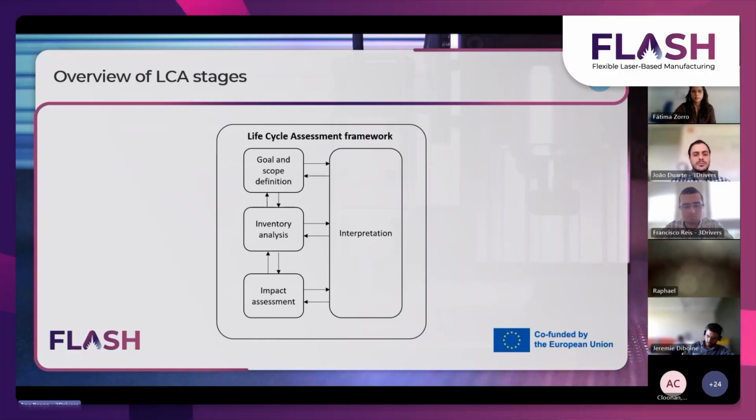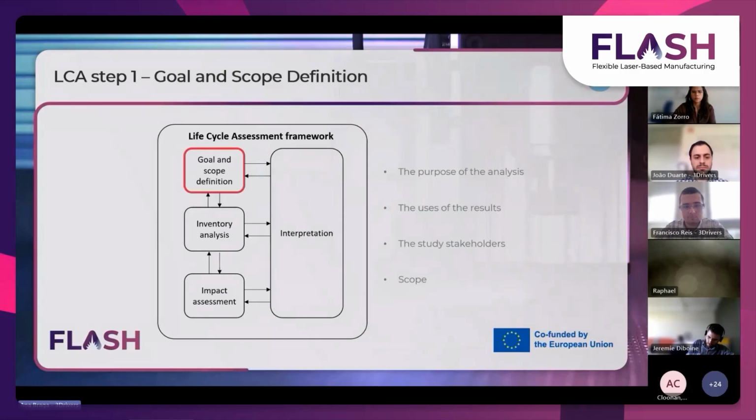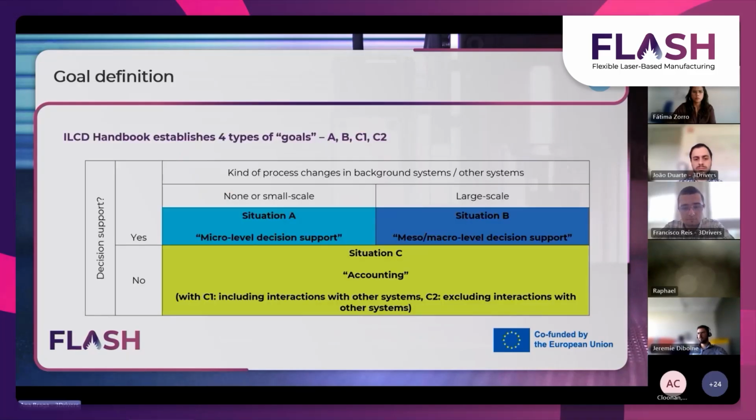So this is to remind us of the four life cycle stages, and we'll start with the goal and scope. This stage defines the purpose of the analysis, the uses of the results, the study stakeholders, the scope, of course, and the functional unit. So whatever is inside the borders of each life cycle stage is considered in the process.